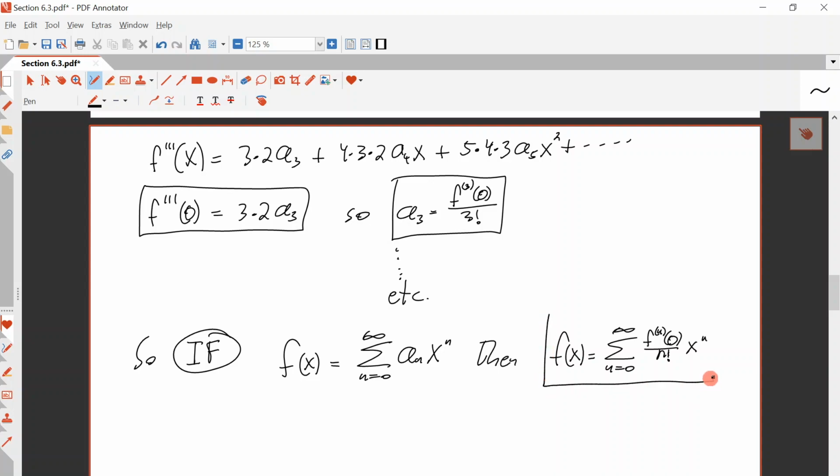So if f of x has a power series representation, this is it.